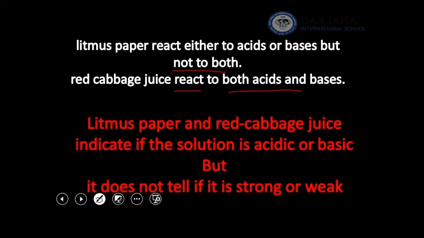As you know, the higher the concentration of hydrogen ions, the stronger the acid is, and the higher the concentration of hydroxide ions, the stronger the base is. So we can use these indicators to tell whether a substance is an acid or a base, but we cannot use them to tell how strong an acid or a base is.